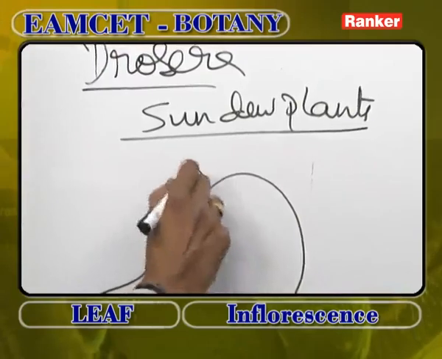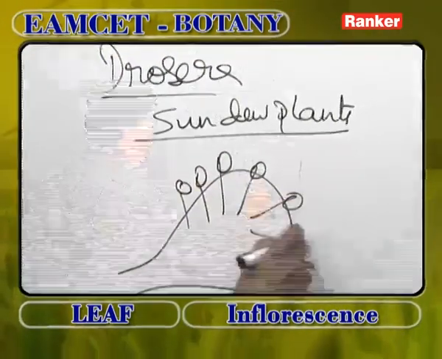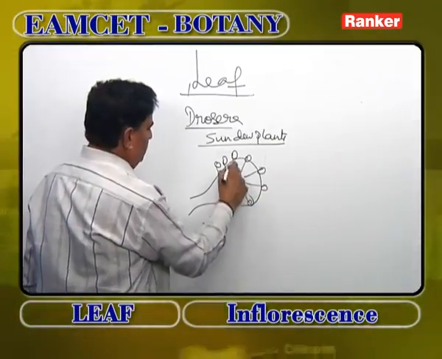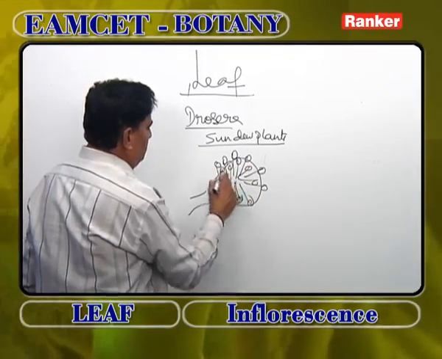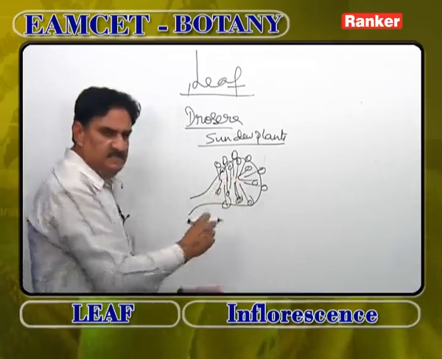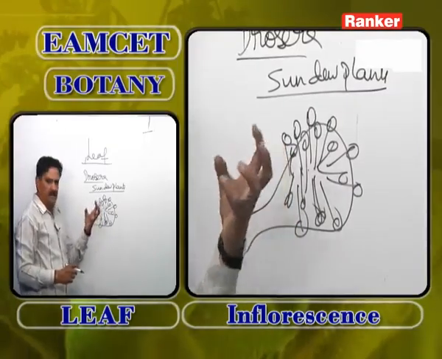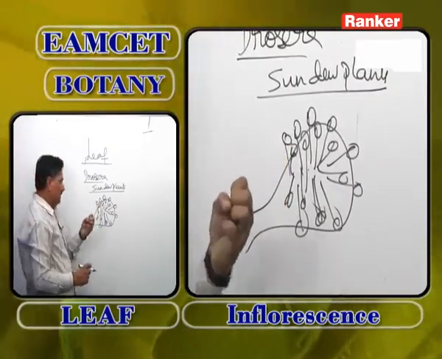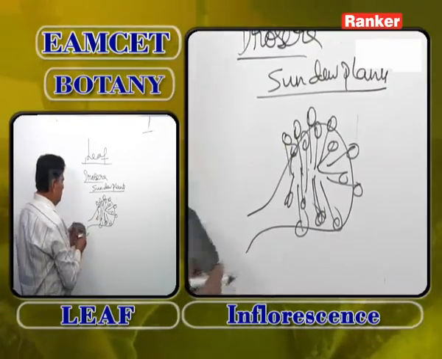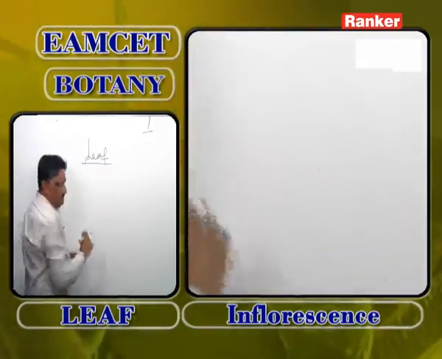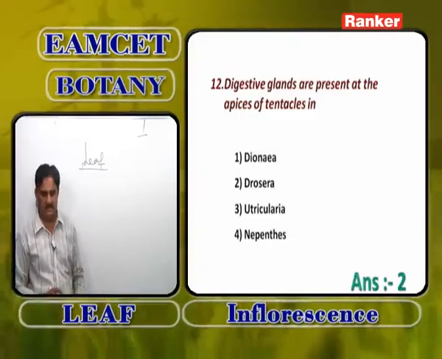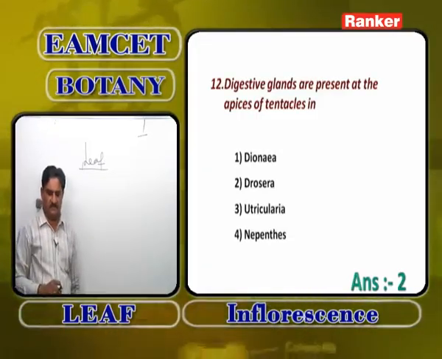On this spatulate leaf, you will find hundreds and hundreds of glandular tentacles. They secrete digestive juices. When an insect comes and sits on the spatulate leaf, all these tentacles close, kill the insects, secrete the juices, and ultimately digest the insects. So digestive glands are present at the apices of the tentacles in Drosera.